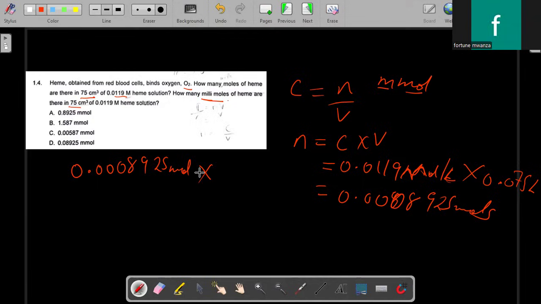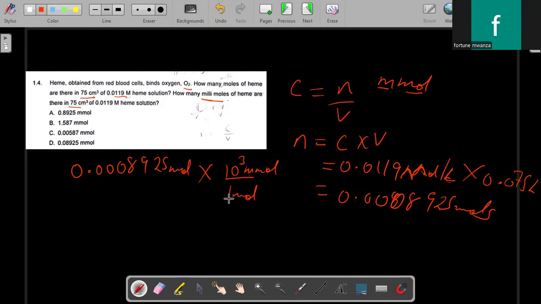So we'll multiply with the conversion factor as usual. I know that one mole is giving me 10 to the power 3 millimoles as my conversion factor there.